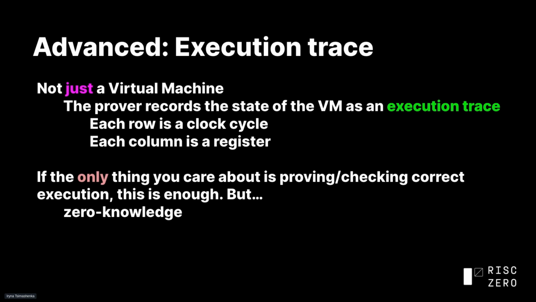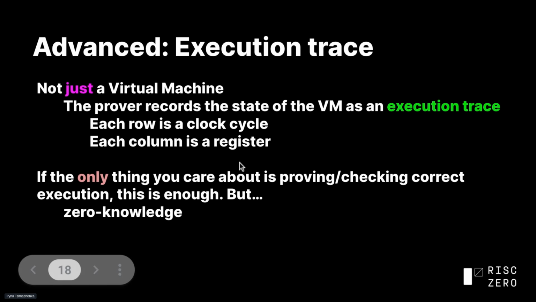This is when the guest program, the RISC-V code that you sent to the ZKVM, has been executed, and then this is basically a table of states. Each row represents a clock cycle, and each column represents a register.